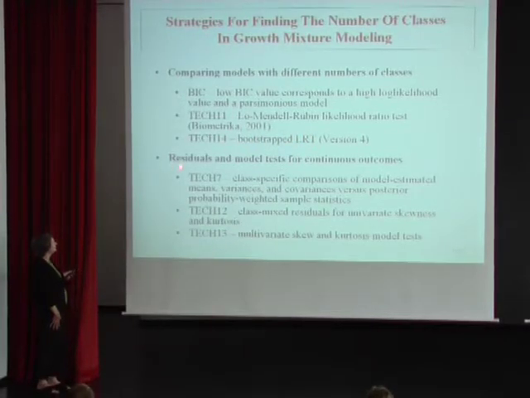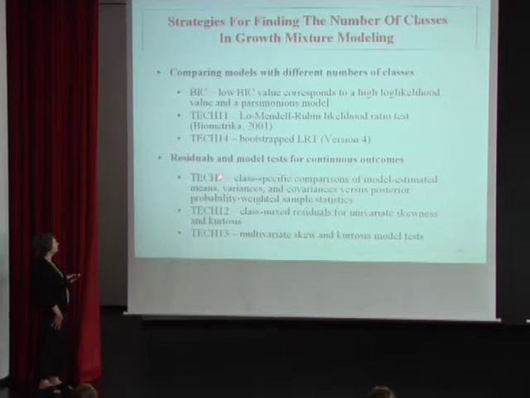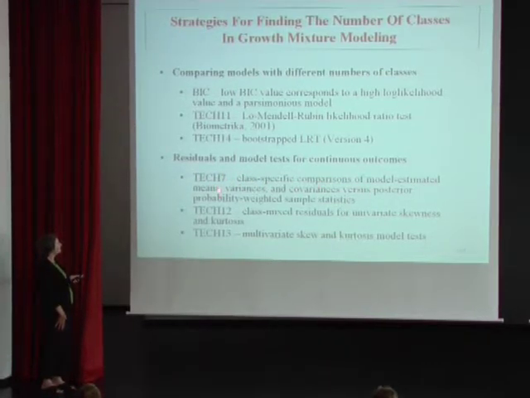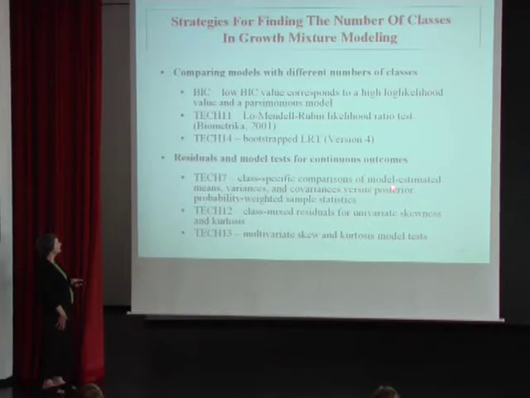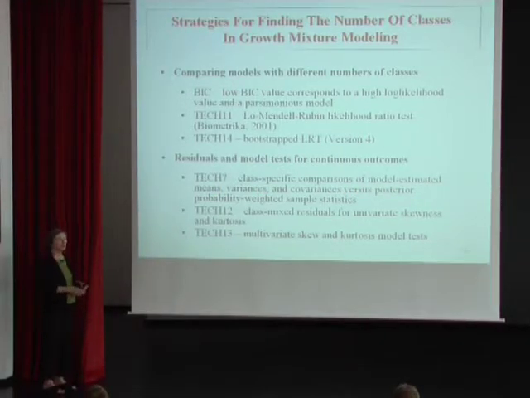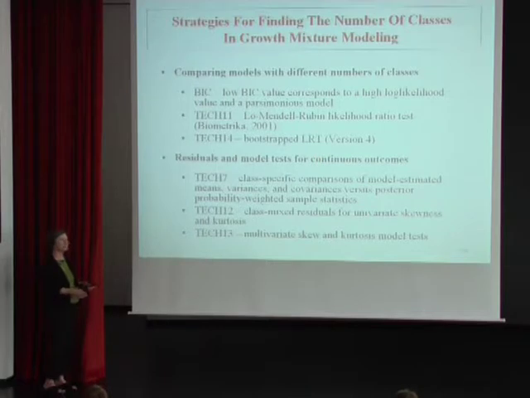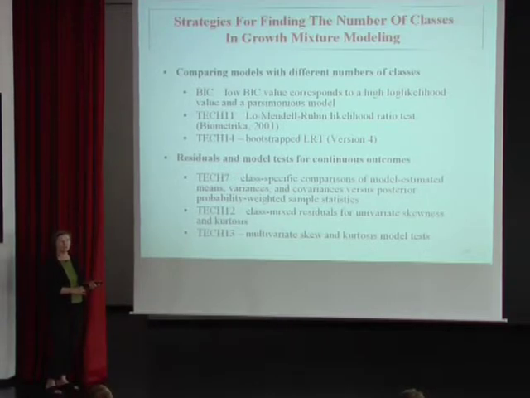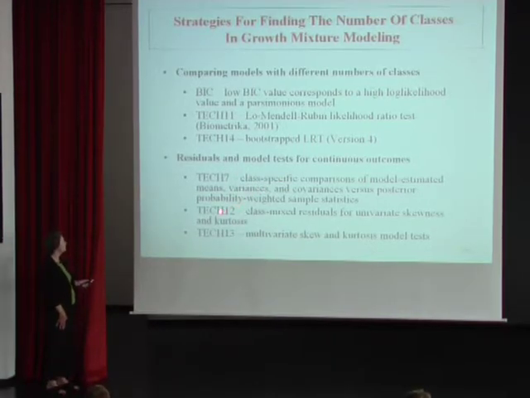But in addition, we can look at residuals, class-specific comparisons of model estimated means, variances, and covariances versus posterior probability-weighted sample statistics. So residuals, observed minus expected, for continuous outcomes. And we can also look at Tech 12 and Tech 13.